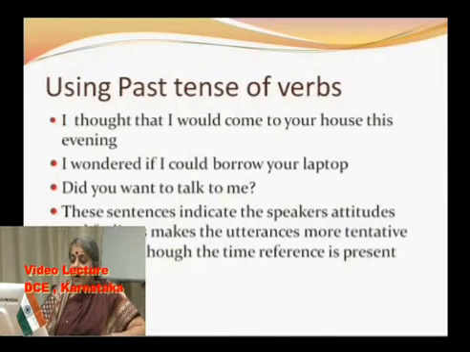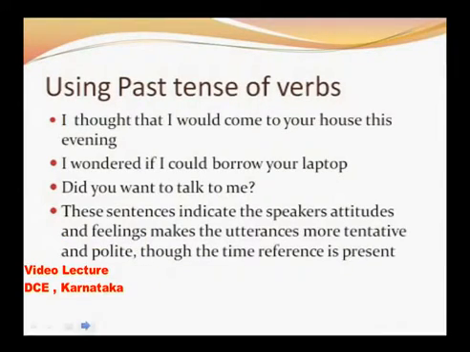Now, by using the past tense of verbs, I have given you 3 examples here. Let us look at the examples first. I thought that I would come to your house this evening. I thought, mark the verbs.